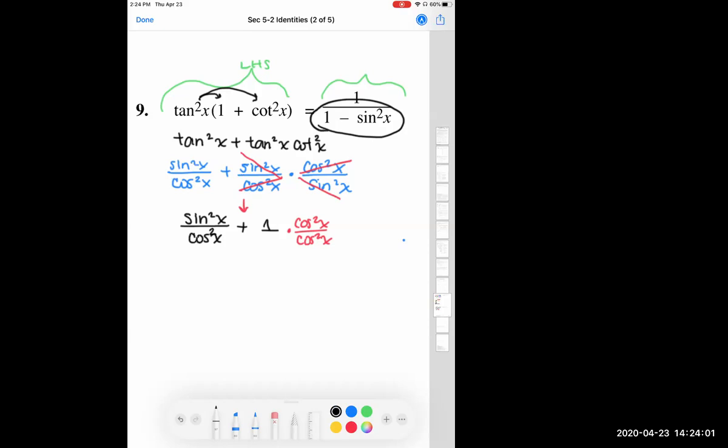All right, if I do so, for my first term I rewrite it as sine squared of x over cosine squared of x, plus I'm left with cosine squared of x over cosine squared of x. Let's bring them together under the same denominator. So I'm left with sine squared of x plus cosine squared of x over cosine squared of x.